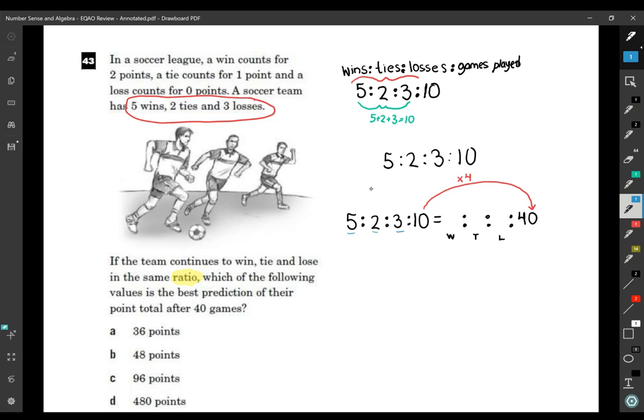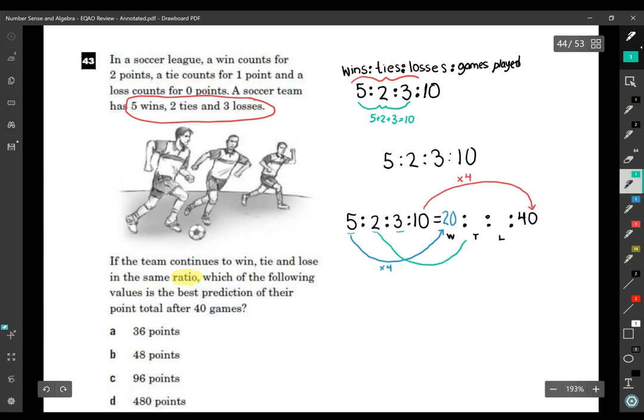So to get the number of wins, I'm just going to do 5 times 4, and that gives me 20. For the number of ties, I'm going to do 2 times 4, and that's going to give me 8. And then finally, for the number of losses, I'm going to do 3 times 4, which is 12.